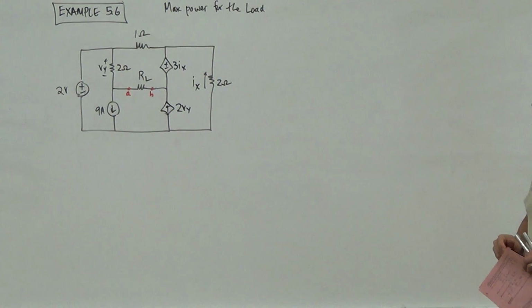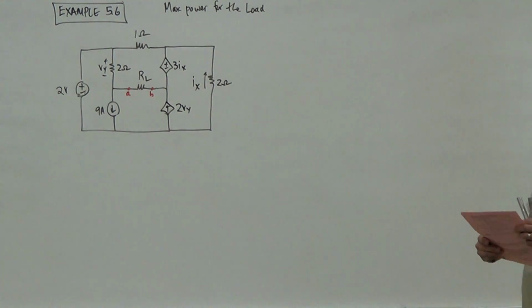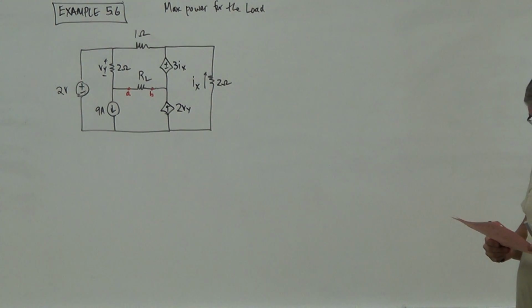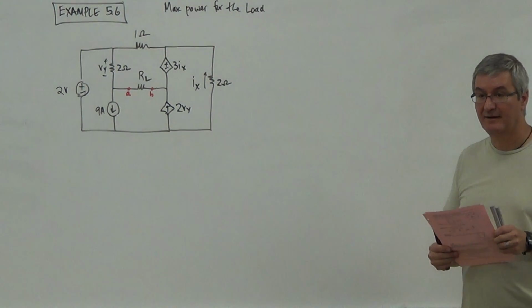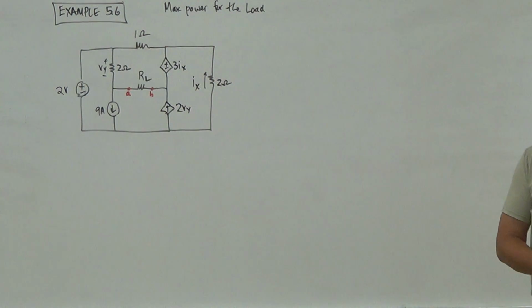I think this is a solid circuit right here, and you'll see that these things take a lot of time. I'll give you a few minutes, and I think it's going to take me almost 20 minutes to do, so we'll have to move efficiently.